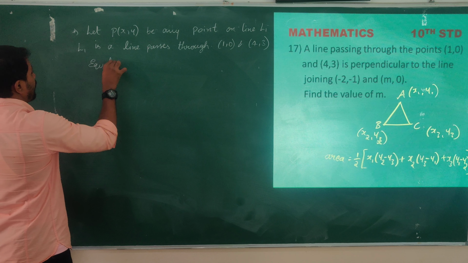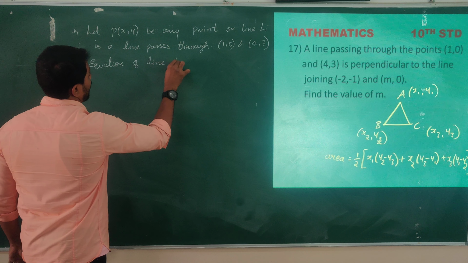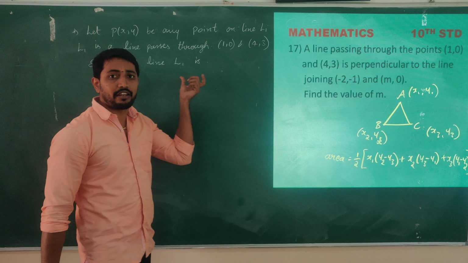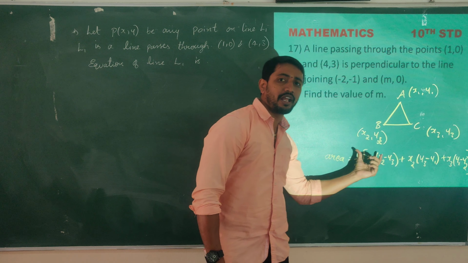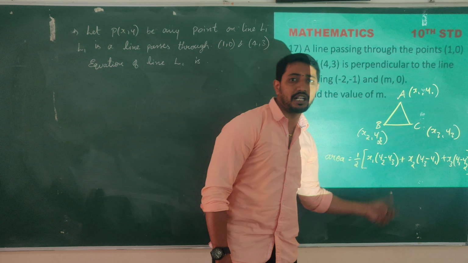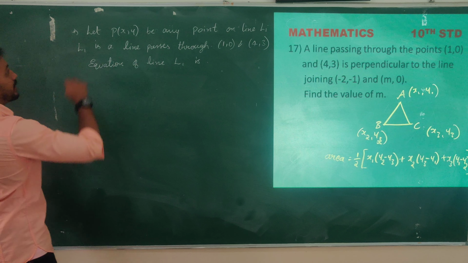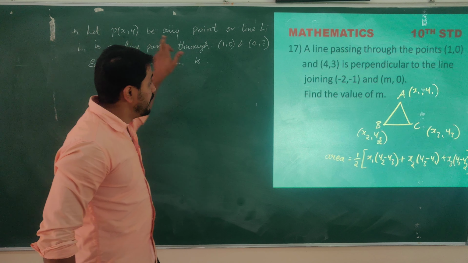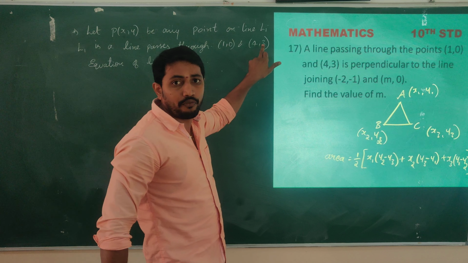To obtain the equation of line L1, we are considering the area of triangle formula and equating it to 0. For the time being, we treat (x1, y1) as (x, y), (x2, y2) as (1, 0), and (x3, y3) as (4, 3).